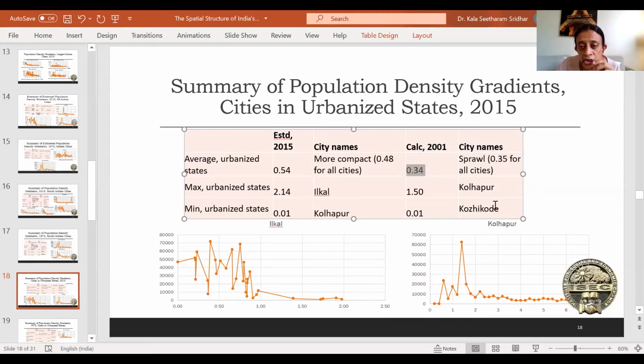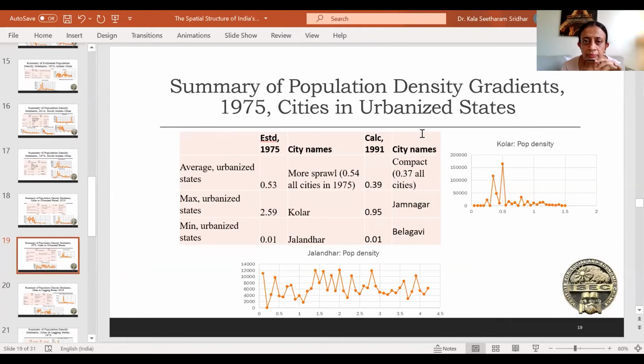It was marginally on average lower than what it was for all the cities. Whereas our estimated density gradients clearly indicate compactness for the cities in the urbanized states, because they are most likely aware of the costs of infrastructure development and land costs. And so they try to be more compact and economically efficient, which is probably least expensive.